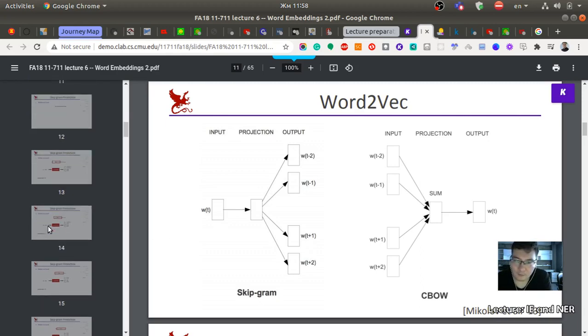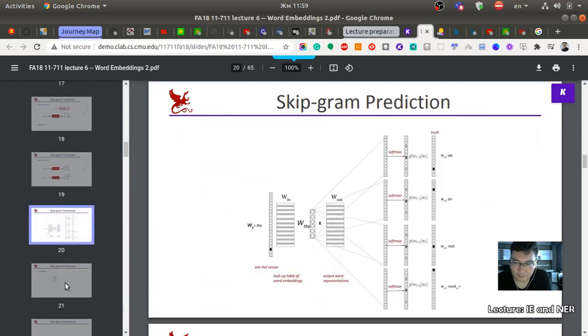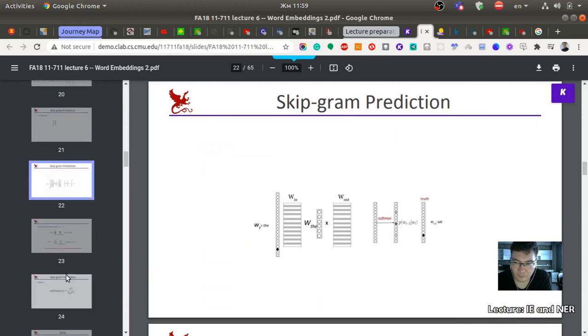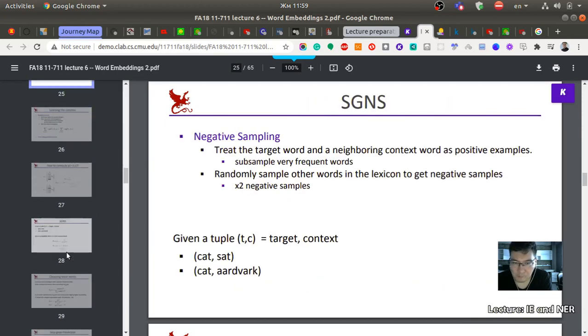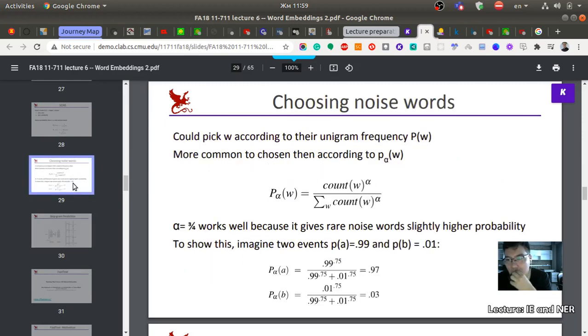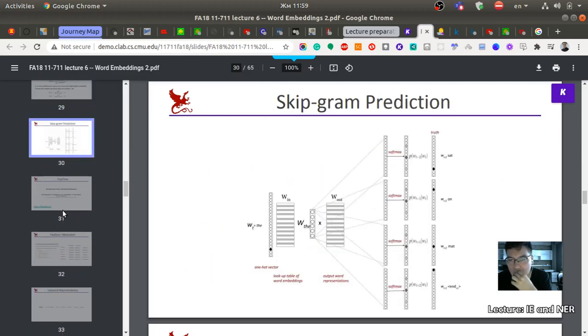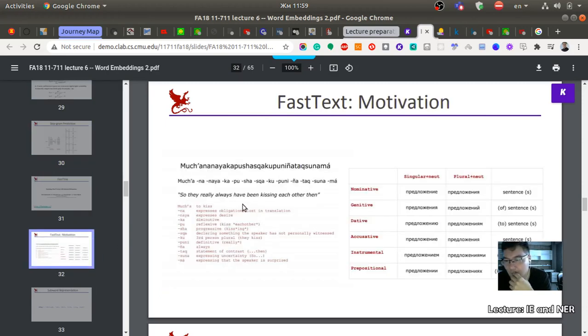One problem with this is that, okay, the problem is with different words.